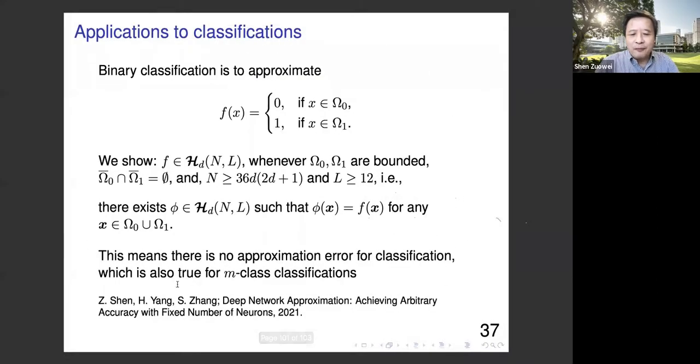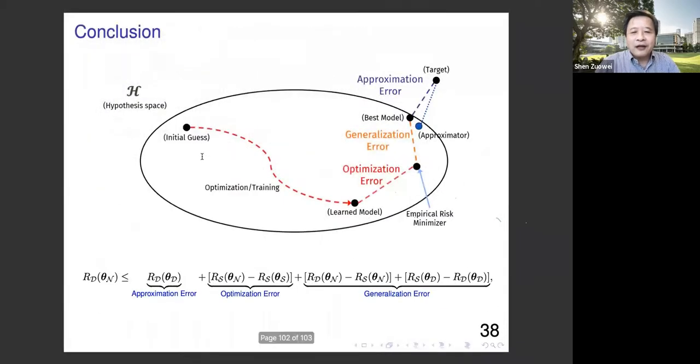This is our new paper, which I just finished last month. To summarize, what I'm talking about here is approximation error.